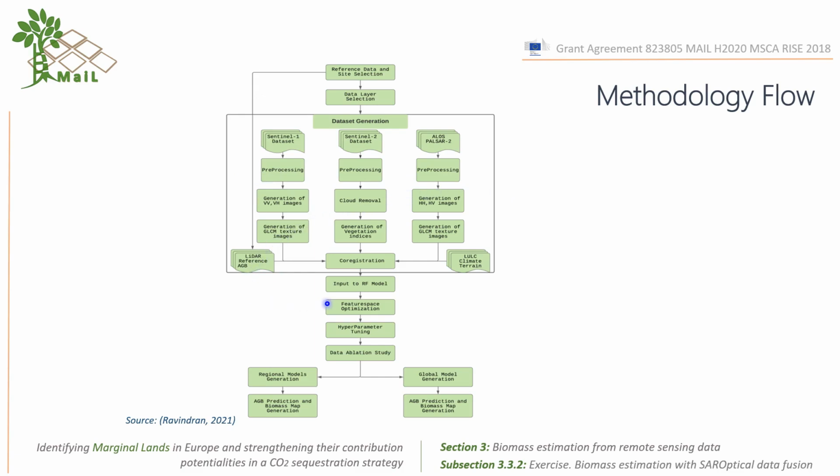Then from there you have the input to be generated, for which we're going to use GEE to generate for the random forest model. Then you have the feature space optimization. We talked about parameter tuning and the data ablation study. Then you come to the regional models, and at the end you have your predictions. So this workflow can be used to estimate biomass from optical sensing and SAR data.